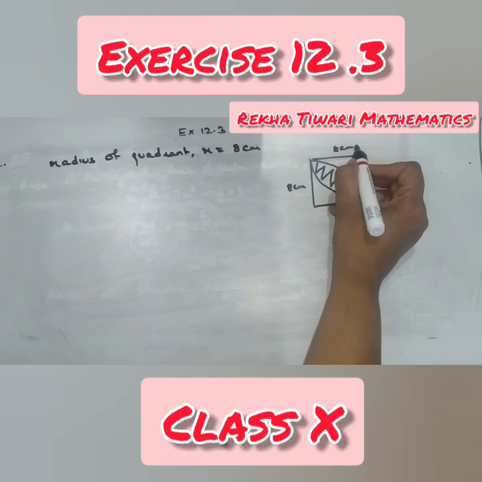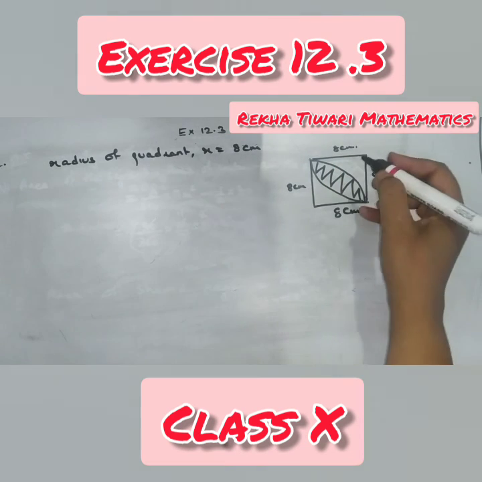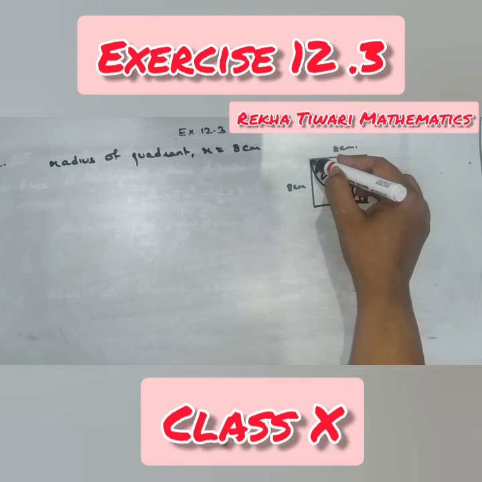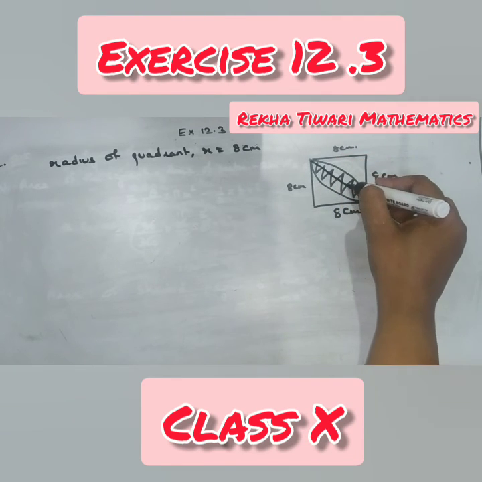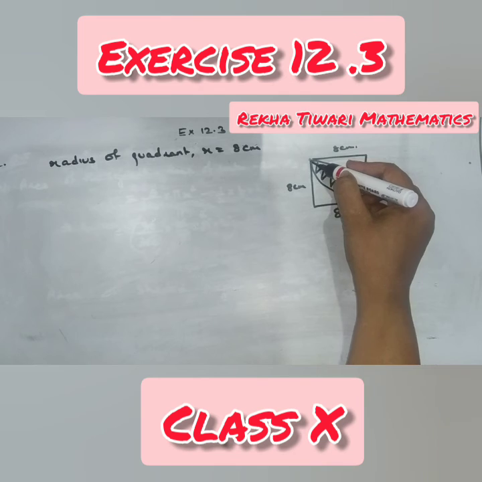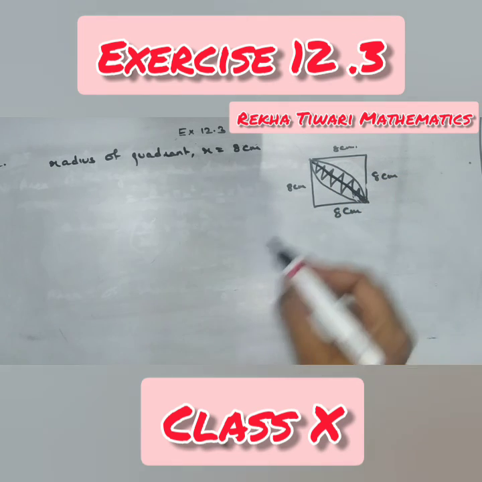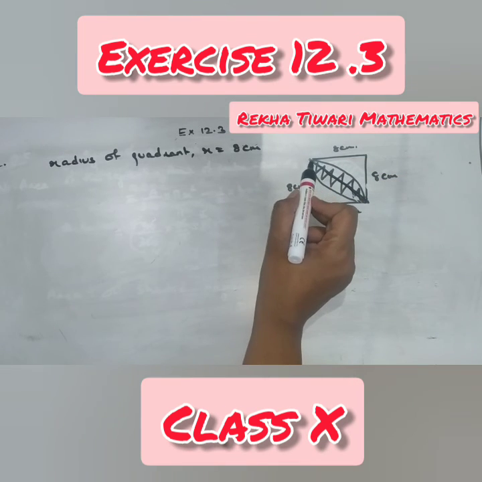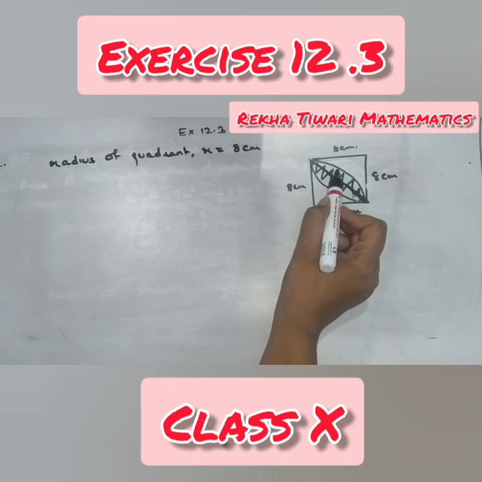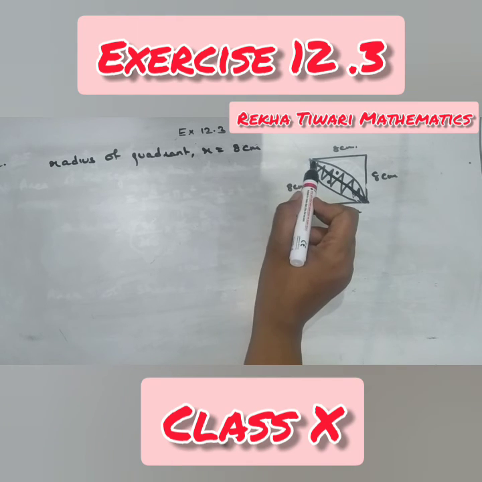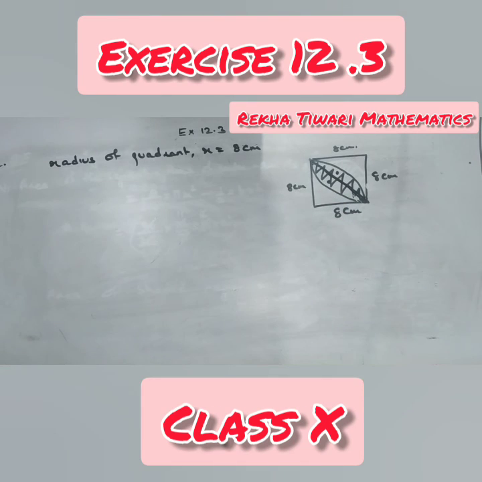Now to solve this question, what you have to do is divide this region into two equal parts. Now look here. If you divide this design into two equal parts, it makes two segments. This is one segment and this is the other segment. Both segments are equal in area because you have divided the design into two equal parts.